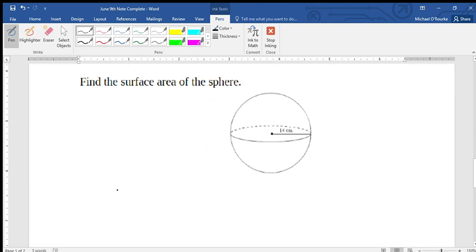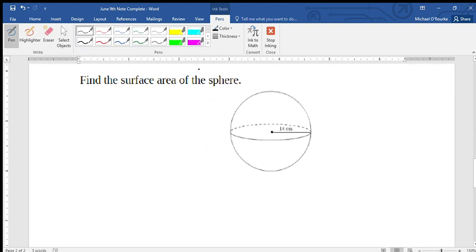So surface area of a sphere. Well, the only measurement I have here is my radius equals 14. If I take a look at my formula, surface area equals 4 pi r squared. So 4 times pi.